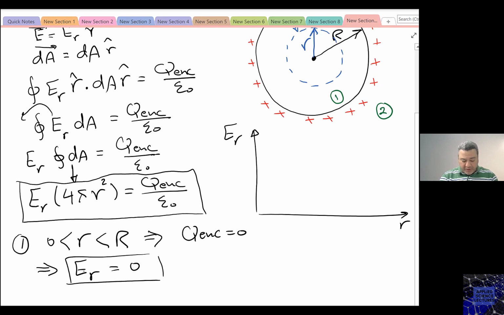As simple as this: the closed surface does not enclose any charge, so the electric field is 0. Now we can draw the electric field for the region between 0 and capital R. The electric field is 0, as you can see here.